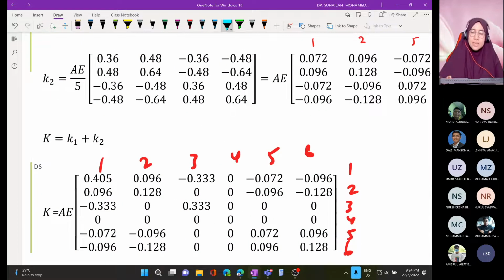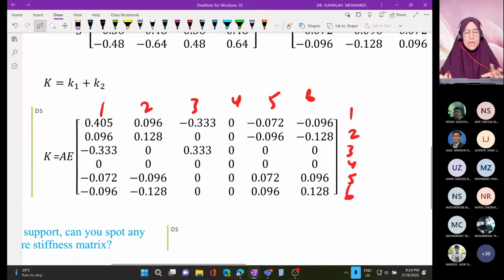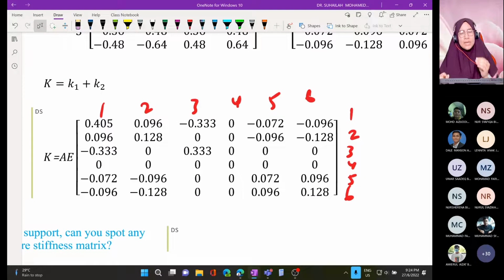So how do we get this? The structure stiffness matrix ni, this is a matrix. Matrix means one characteristic is that the values must be symmetric. Tengok sini, symmetry ni sama dengan ni, right?